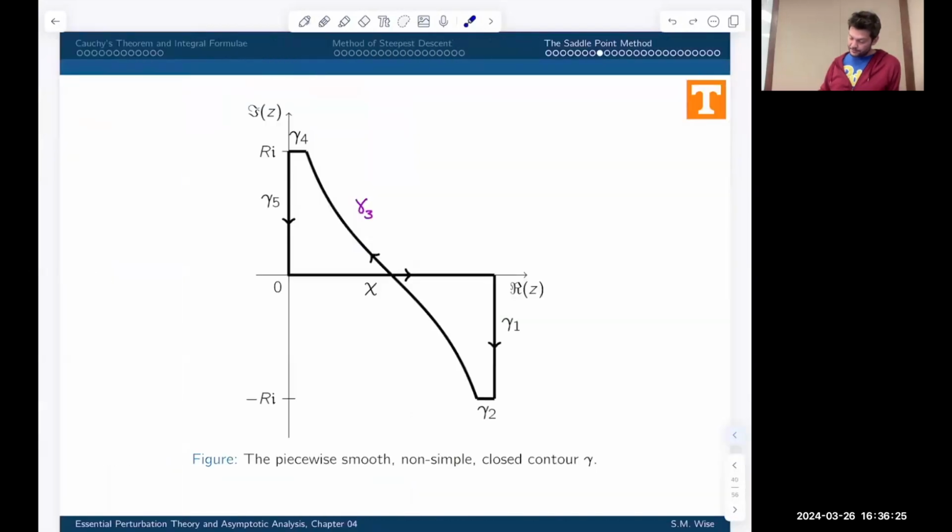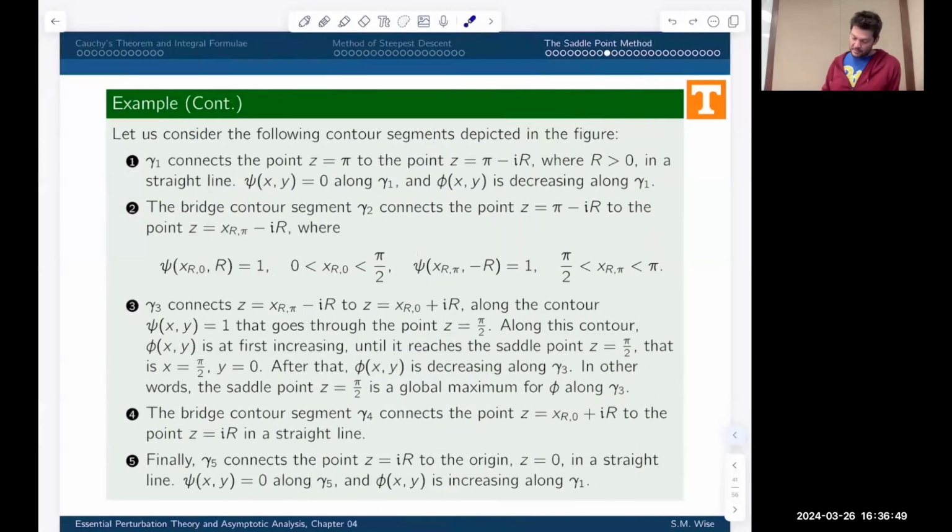In other words, this is a curve where psi is equal to 1. This is a curve where psi is equal to 0. So there's a unique point near this point where this transitions from psi equals 0 up to psi equals 1. So whatever that value is, that's what I'm going to call xr subscript pi. It's a value between pi over 2 and pi. And it turns out it's a unique value. That's the only one that does that.